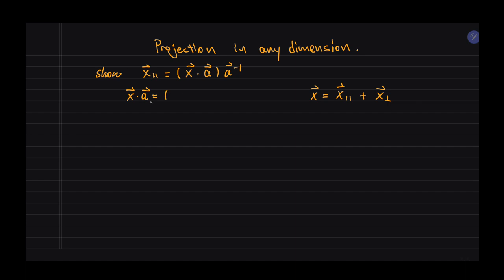So we can write x parallel plus x orthogonal dot a, and we know that x parallel dot a plus x orthogonal dot a, since by definition x orthogonal is orthogonal to a, this part goes to 0. So we have x parallel dot a.